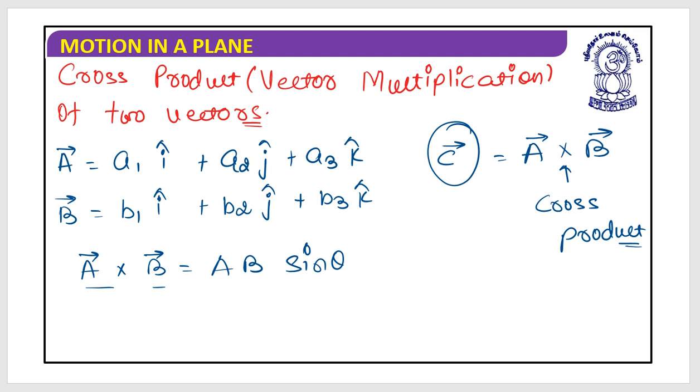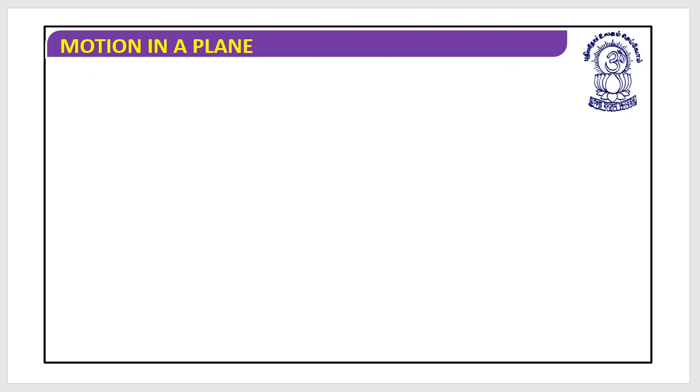But as this is the vector product, this must be a vector, so we add one unit vector. This is ab sine theta n cap. This is a into b into sine theta into n cap. So what we need to do is, suppose this is a cross b, and I need to perform ab sine theta n cap.